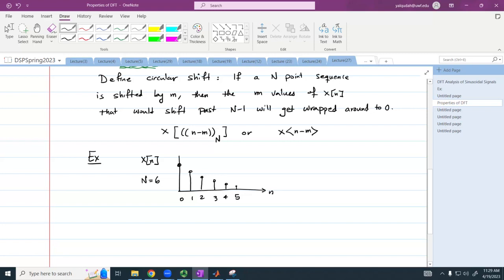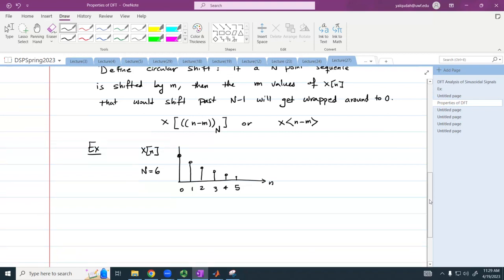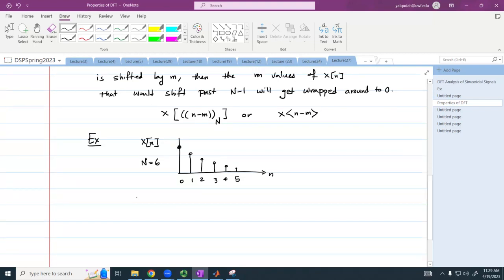For this signal, capital N is equal to 6. Now if I do x of n minus 3, I'm going to shift this signal, so it starts at 3: 3, 4, 5, 6, 7, and 8.